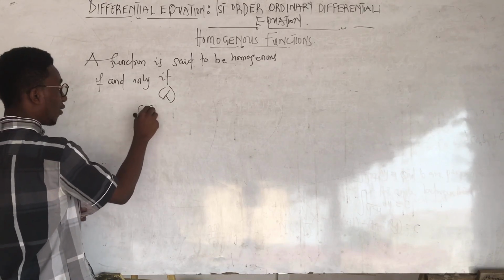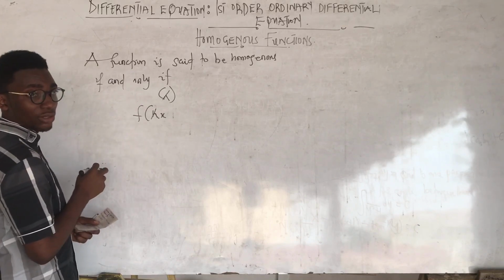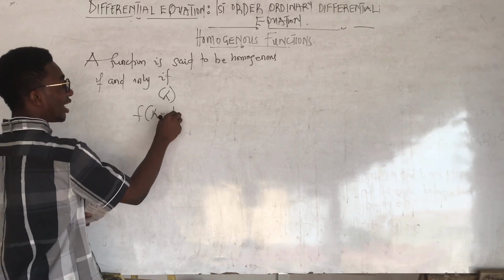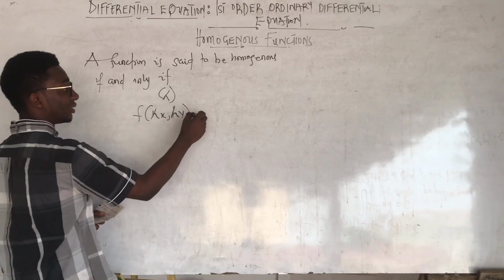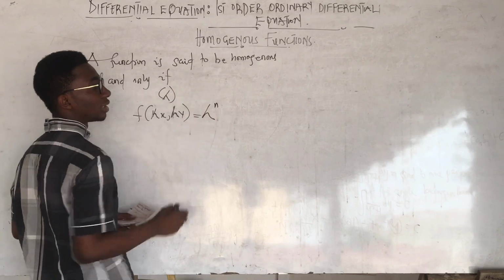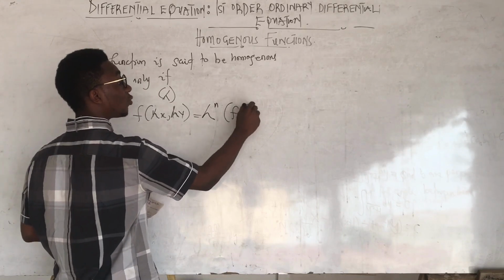So the function of lambda x and lambda y, and after expressing it, we can get the lambda on its own raised to a certain power n times the function f of x, y.